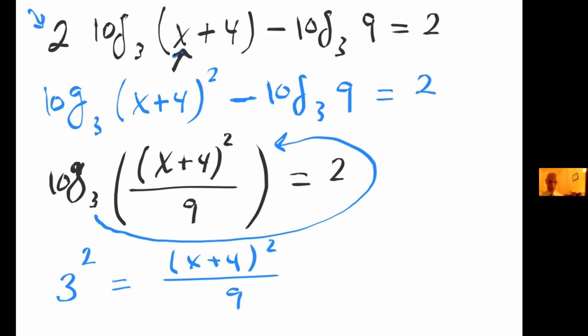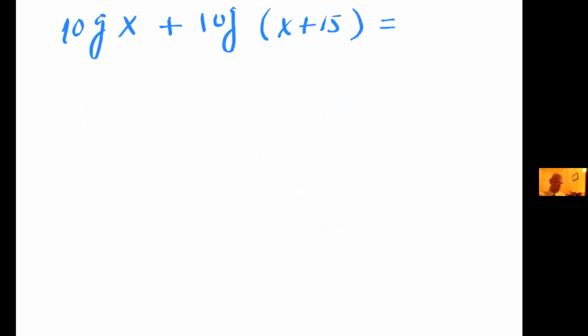Okay, let's do one more. How about this time, something as easy as the common log, or log base 10, of x plus the common log, or log base 10, of (x + 15) equals positive 2.